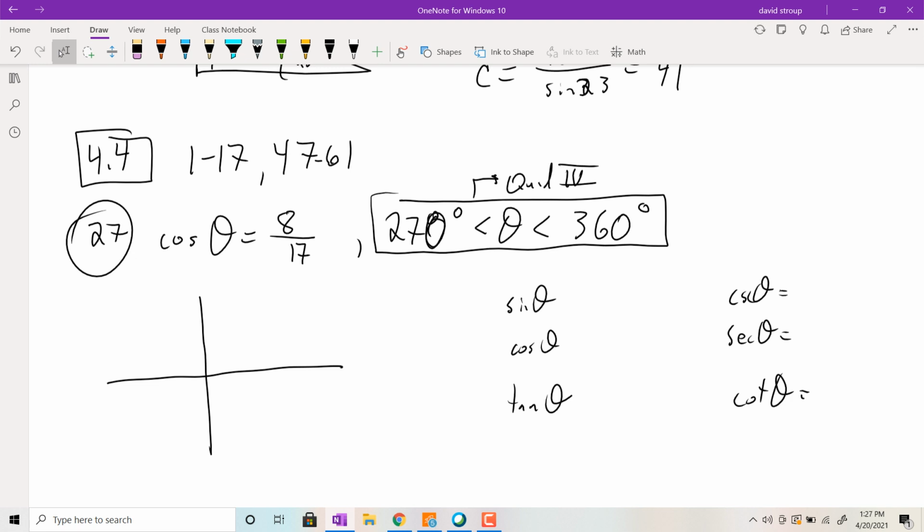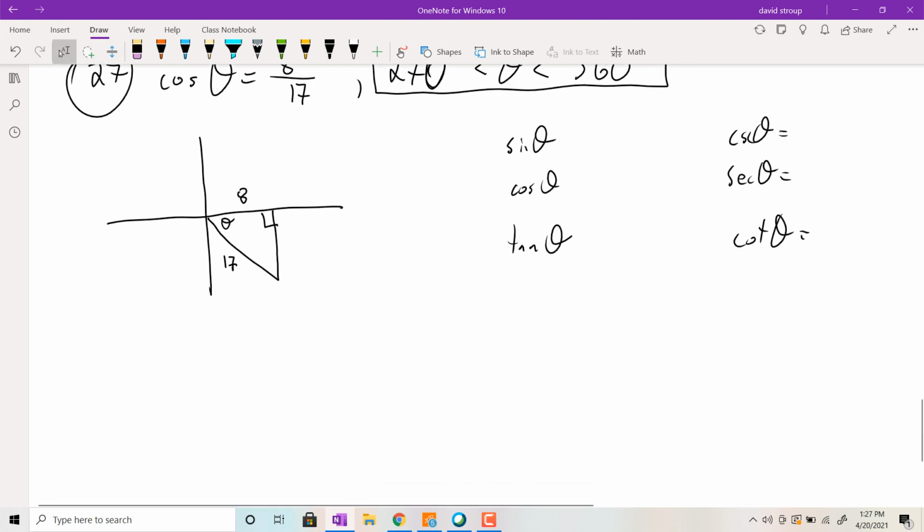You're going to put a little triangle in that 4th quadrant, so you just draw a right triangle here. The cosine of this angle theta is adjacent over hypotenuse. So the adjacent side is 8 and the hypotenuse is 17. Then you just use the Pythagorean theorem to get the 3rd side, and for all the trig functions, you just use that triangle to determine their values.